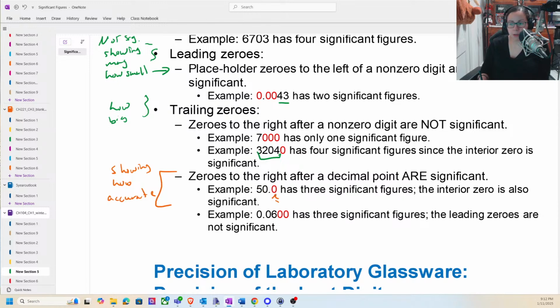We're saying we can measure that accurately to the 10th place, and that would make this significant as well. Looking at this one, 0.0600, of course this first one is leading. It's showing how small. But then these 3 would be significant here. And these last 2 again show accuracy.